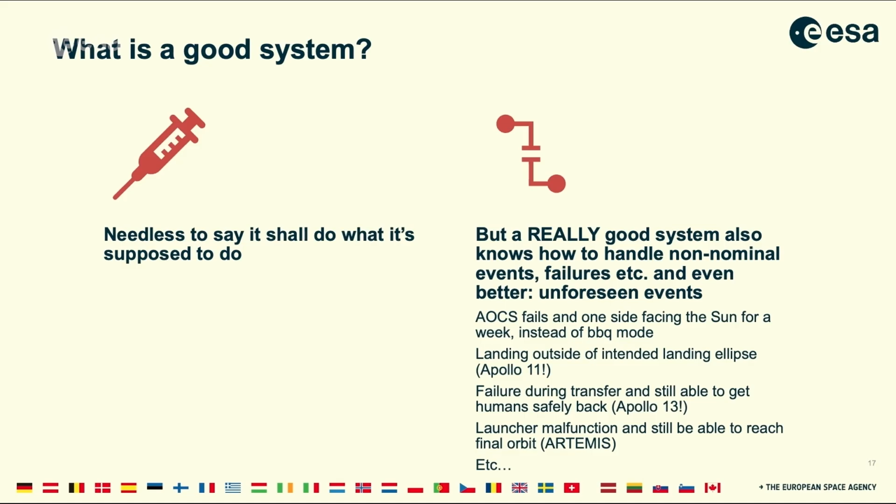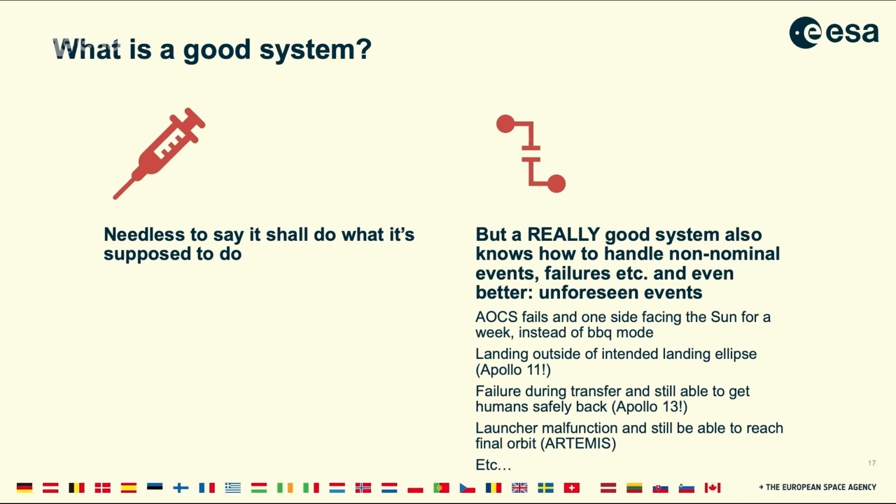There are bound to be things that go wrong, even in the most sophisticated projects like the Apollo missions. Apollo 11 overshot its landing site, and still they managed to land it. Apollo 13 is a unique example where everything went wrong, and they still managed to get the astronauts back to Earth.